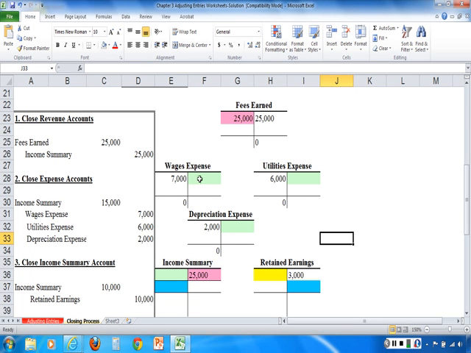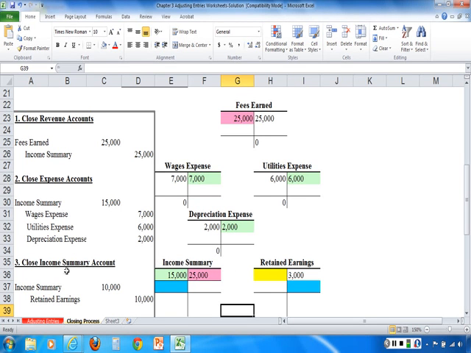So once I post this entry, I would indeed accomplish what I wanted to, and that is to get my expense accounts to zero.